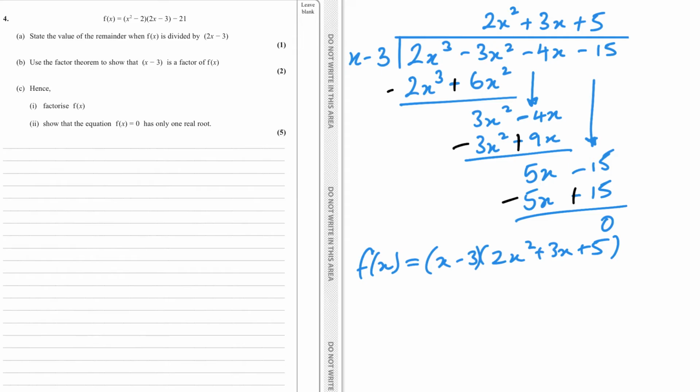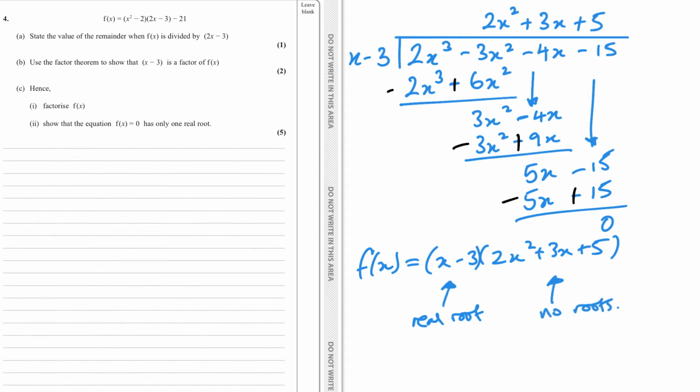I started trying to factorize it, noticed that it didn't factorize, and then when I looked at part 2 of the question, it says show that it only has one real root. So then it starts to make sense. To show for definite that it only has one real root, this will be the real root, and we've got to show that this has no roots.